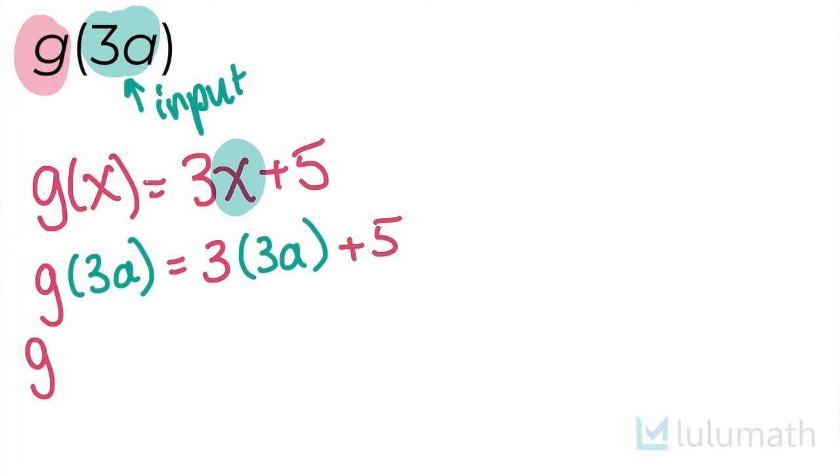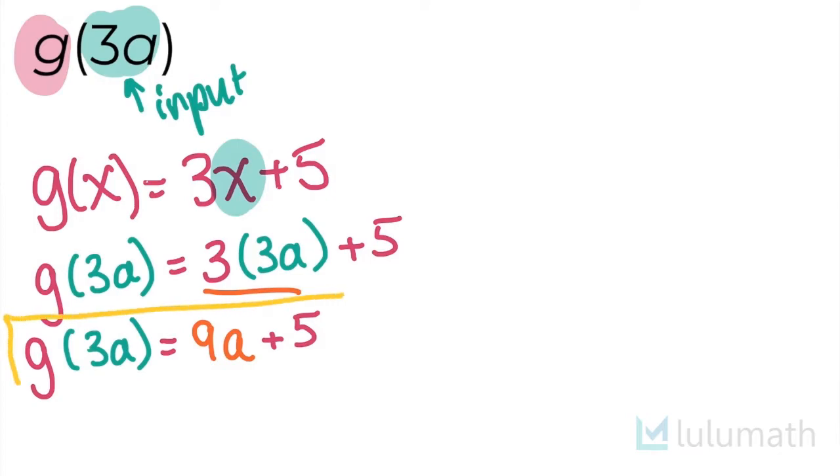Now I'm just going to multiply. 3 times 3a is 9a, and then I'm just going to copy down this plus 5. These are not like terms, so that is my final simplified answer. Notice how our output is 9a plus 5, and our output is also algebraic.